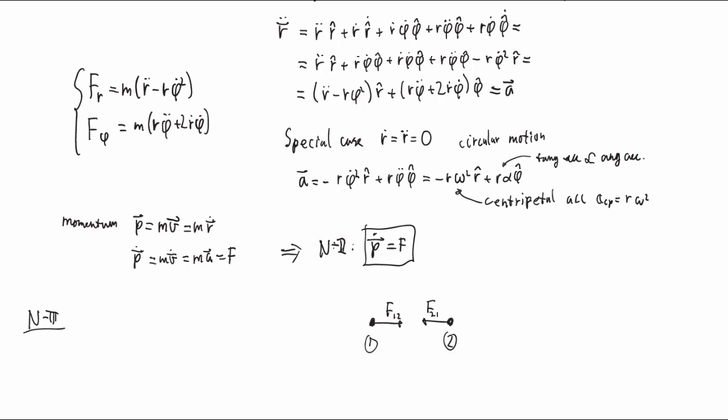And in that case, object 2 experiences an equal and opposite force from object 1. So Newton's third law simply says that F21 equals minus F12 in this particular case. Okay, so all forces result from interaction.